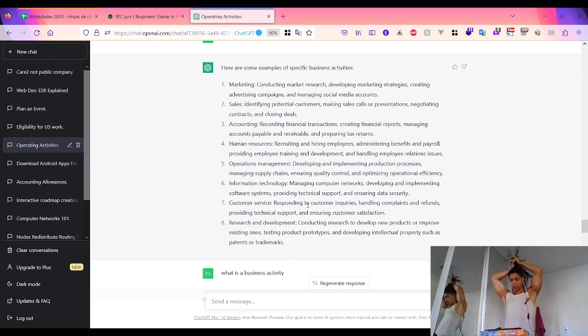So operations management is developing and implementing production processes.